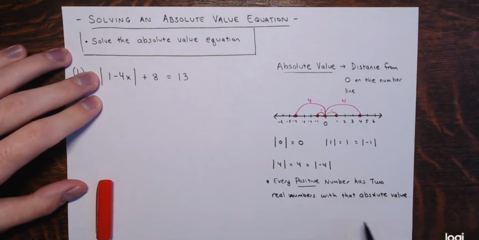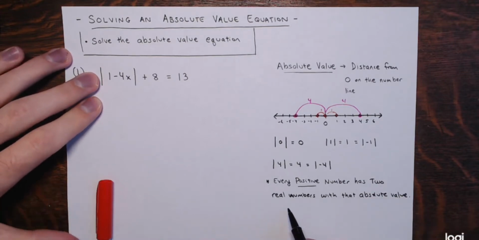Now another way to say this is the following: the absolute value of, say, x equals k, where k is a positive number.